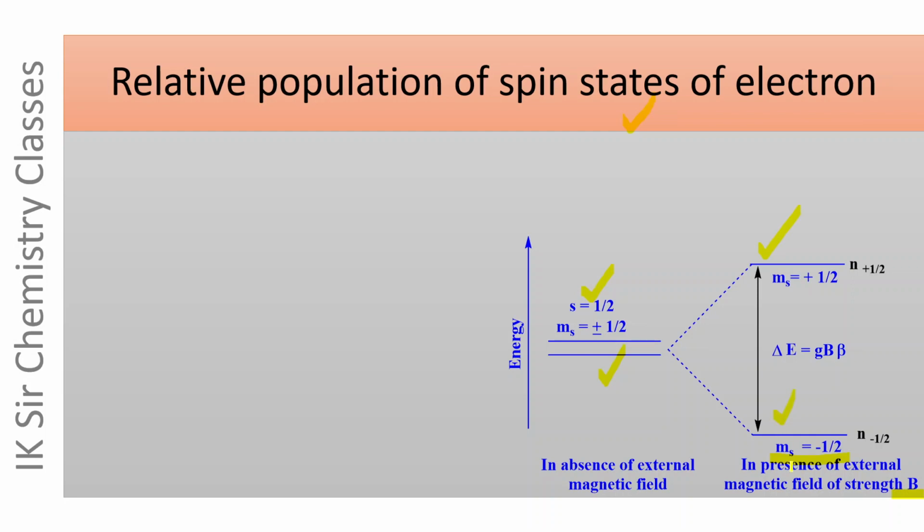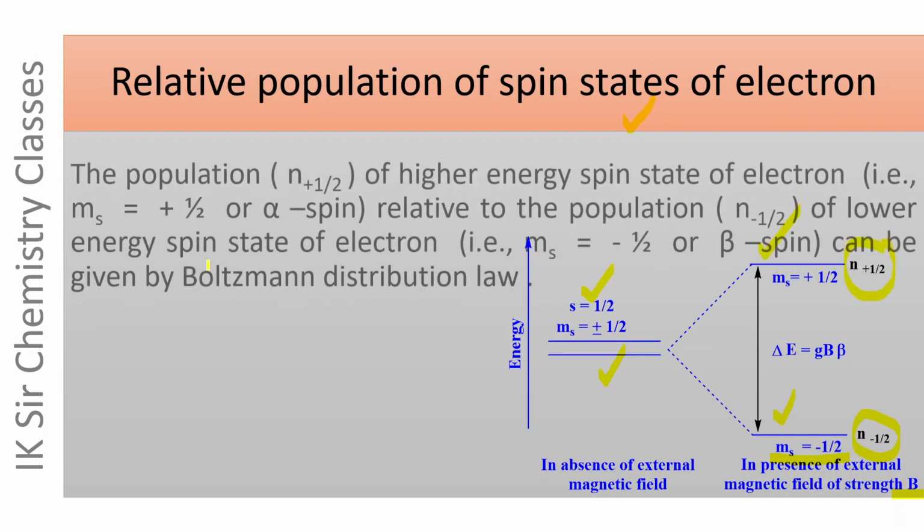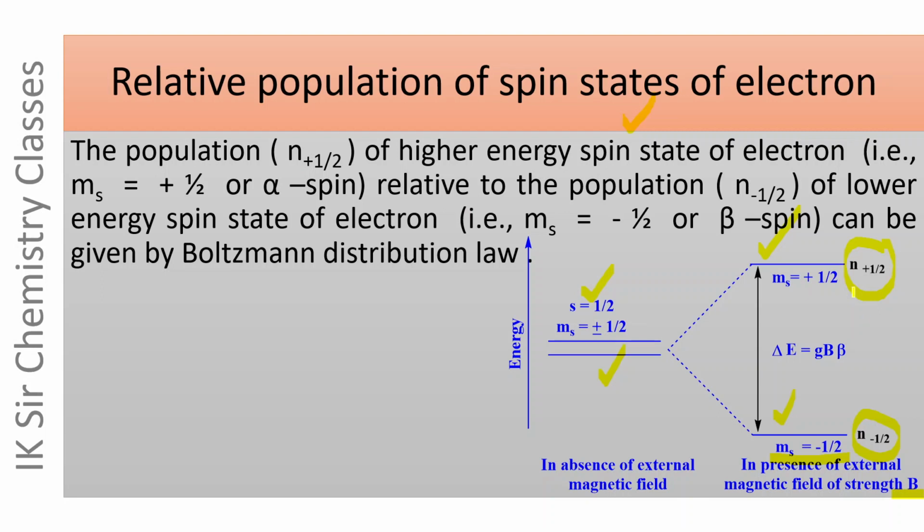The population of lower energy level is n minus half, while the population of higher energy level is n plus half. The population, that is n plus half, of higher energy spin state of electron, that is ms equals plus half or alpha spin.